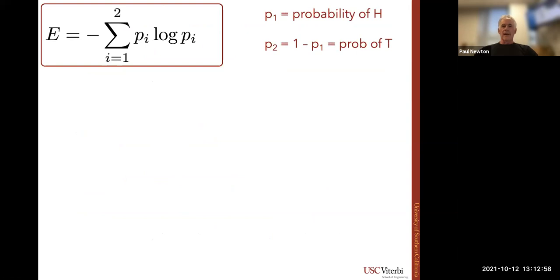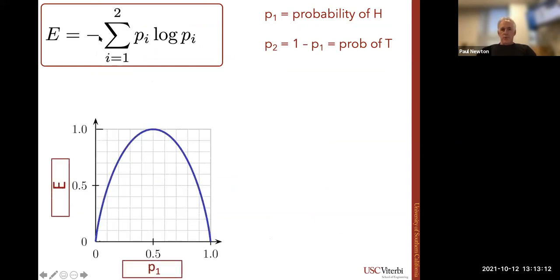The way to quantify that in a scalar quantity is by using this formula for entropy, which probably some people are familiar with. If P1 is the probability of heads and P2 is 1 minus P1, the probability of tails, then there are two states here. That's why I'm summing from i equals 1 to 2. If we plot this function as a function of the probability of heads, it looks like this.